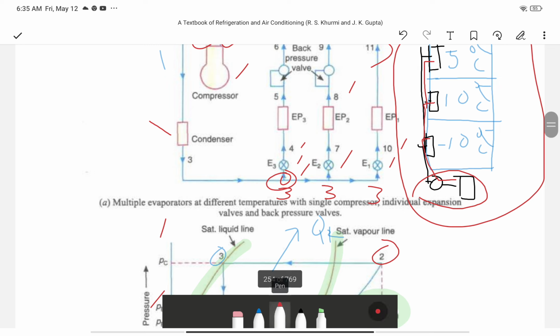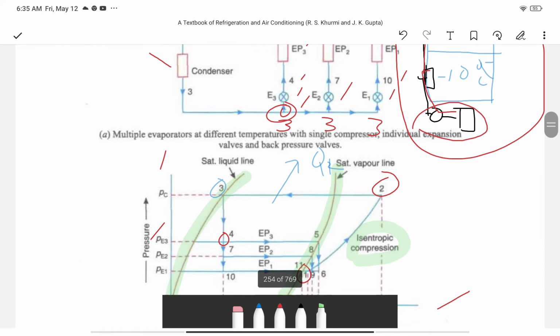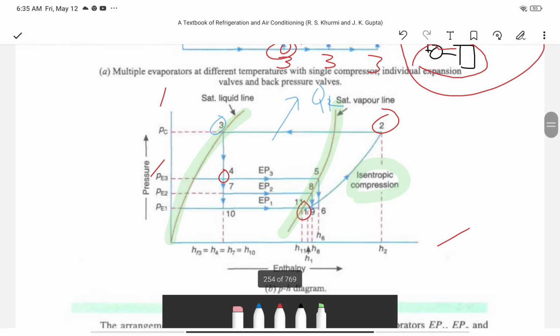From 4 it passes to evaporator 3, comes out at 5, and then passes through a back pressure valve to 6. So from 4 it goes to 5, and then enters the back pressure valve.